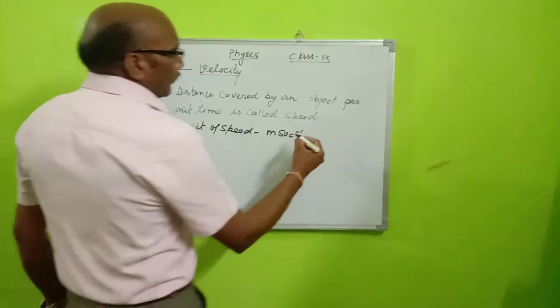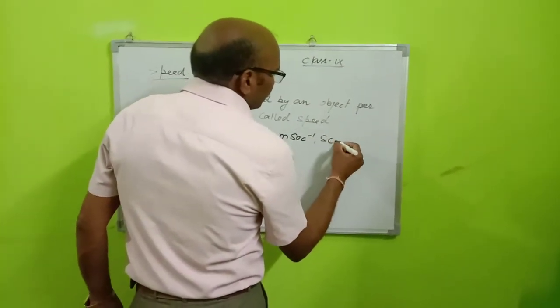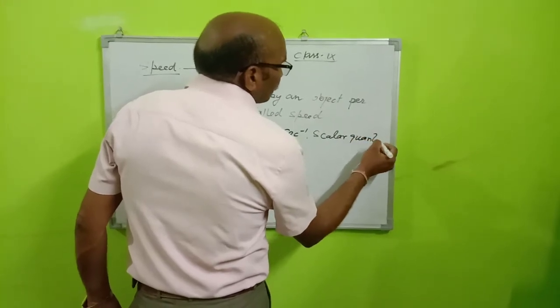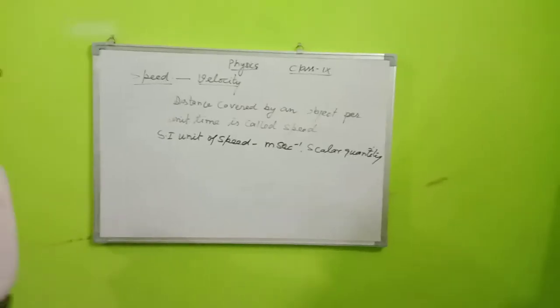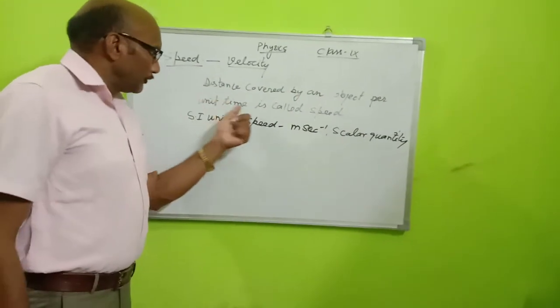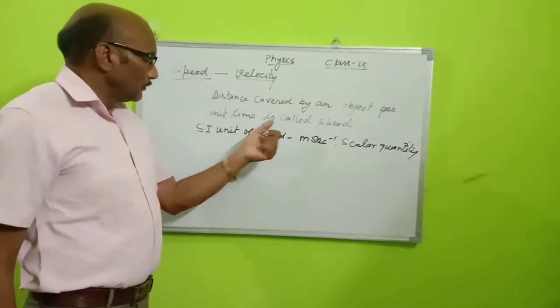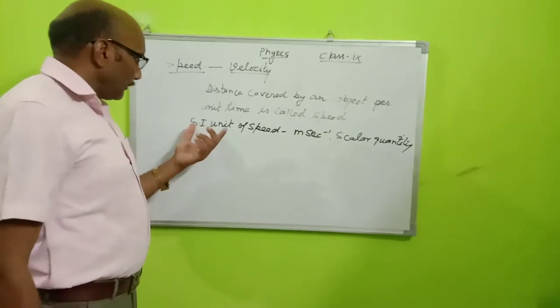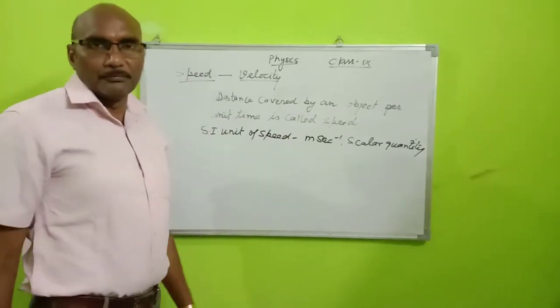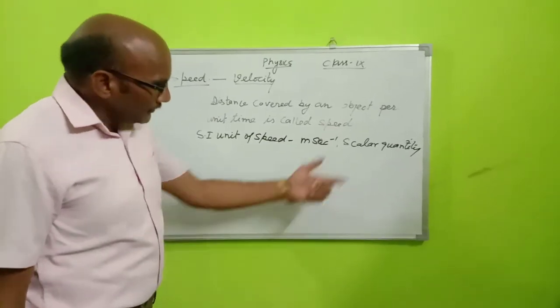This is a scalar quantity. Again, speed is distance covered by an object per unit time, its SI unit is meter per second, and it is a scalar quantity.